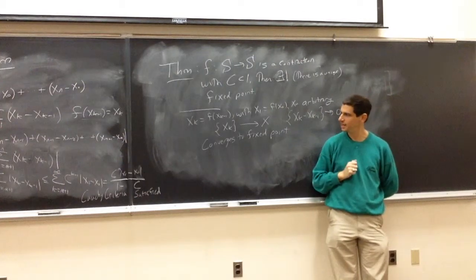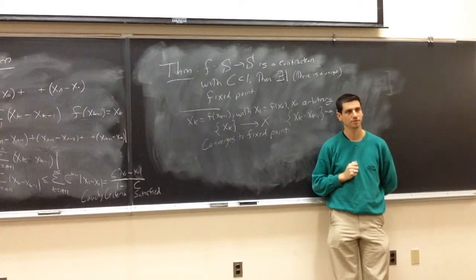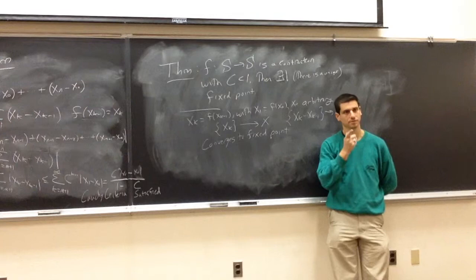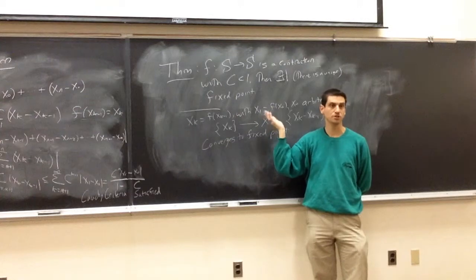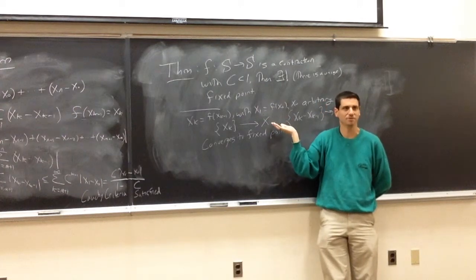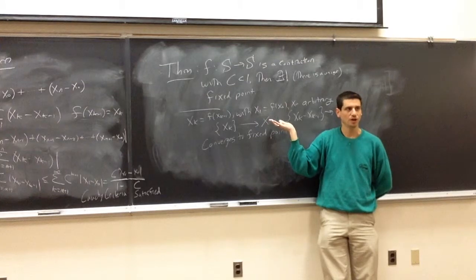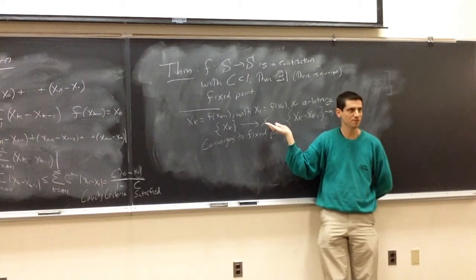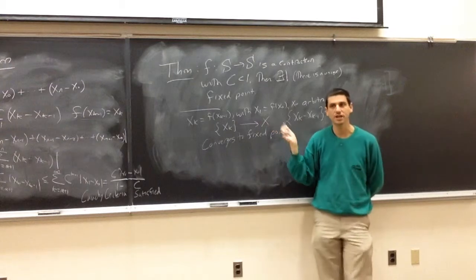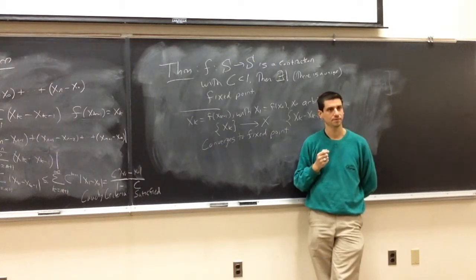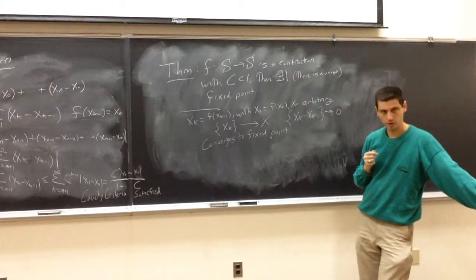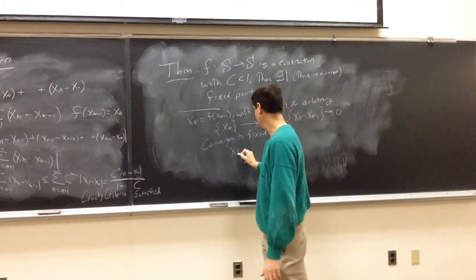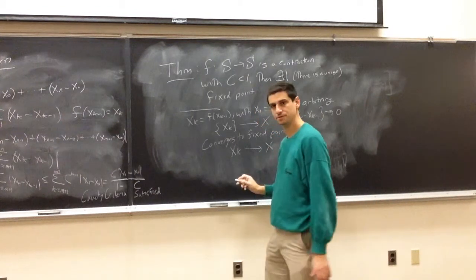So how does this imply that x is the fixed point? We know that x_k converges to something. Let's call it x. I mean, what would we call it? y? I mean, we'll call it x. It seems reasonable that x is the candidate for the fixed point. We need to prove that x is the fixed point. Well, because we haven't specified which index k, so all k goes to. Okay, so we know x_k goes to x.